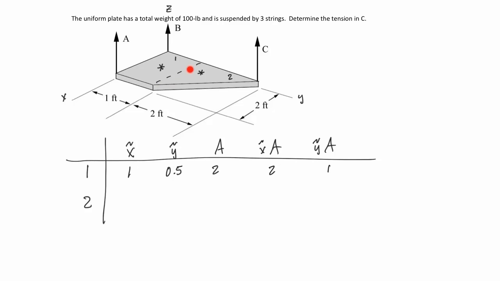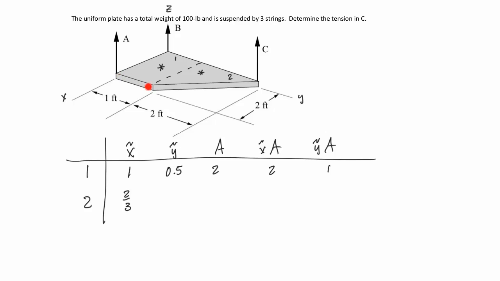All right, shape number 2 is a triangle. The centroid of a triangle is 1/3 from this side. It is dimension 2, or 2 feet this way, so this is going to be 2/3 in the x direction, or 1/3 of 2. Same thing.